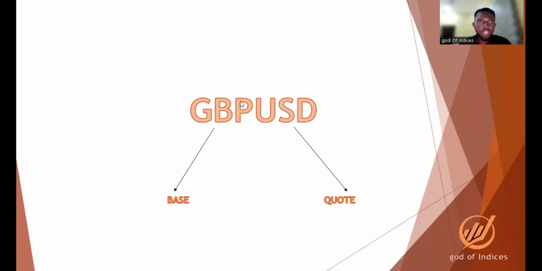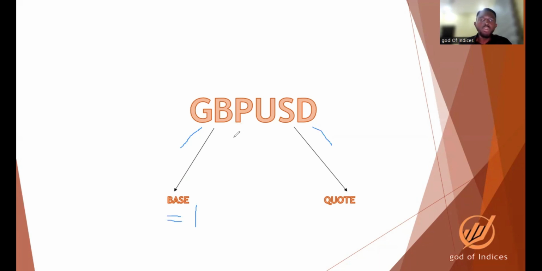Now, can we see my notations? So this is the base and this is the quote currency. Now, what does it mean? It means that the base currency is always equal to 1. What it means is that you are getting the quote for the base currency.